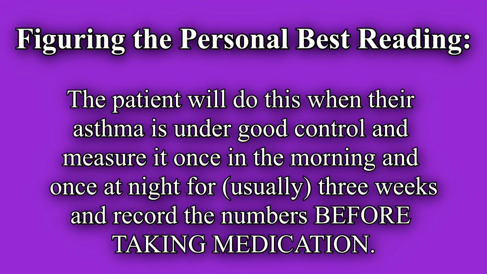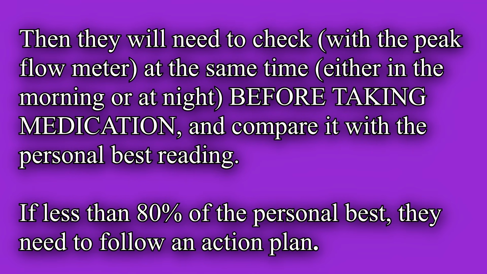They'll keep a little log of this, and whatever the highest number they got during that period is their best peak flow meter reading. Then, to keep monitoring their asthma in check, they will need to check it at the same time, either in the morning or at night, before taking their medication, and compare it with their best reading.